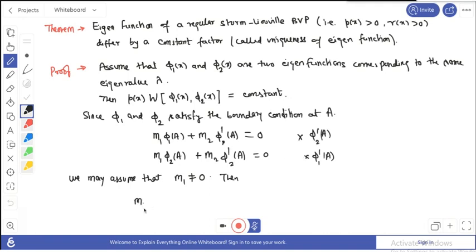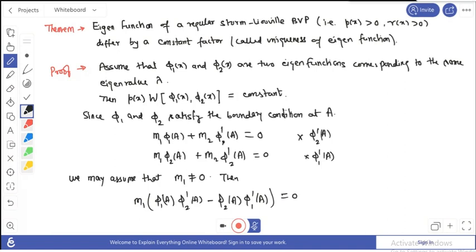If we take m1 non-zero and subtract these two equations, m1 is common, and we get phi1(A) phi2 prime(A) minus phi2(A) phi1 prime(A). These two m2 terms cancel out, so this equals 0.